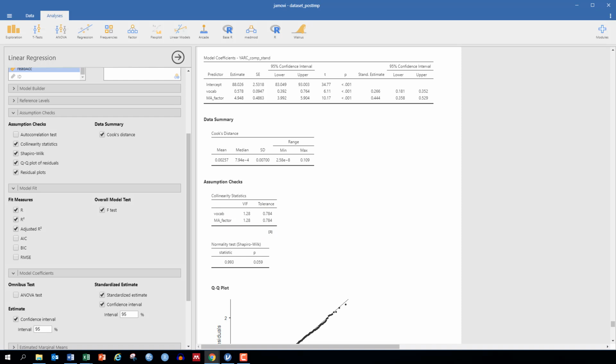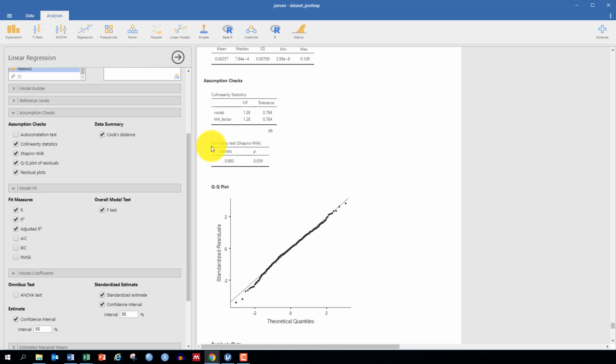The next step, we want to look at the normality of our residuals, not the variables themselves. The output of the Shapiro-Wilk normality test is not significant. P is greater than 0.05. So numerically we can see that the residuals should be normal. Just a warning here, the Shapiro-Wilk test also depends on sample size.